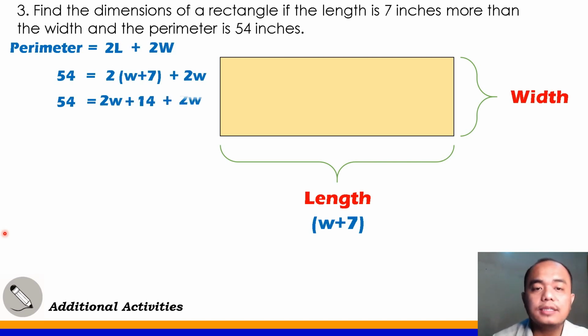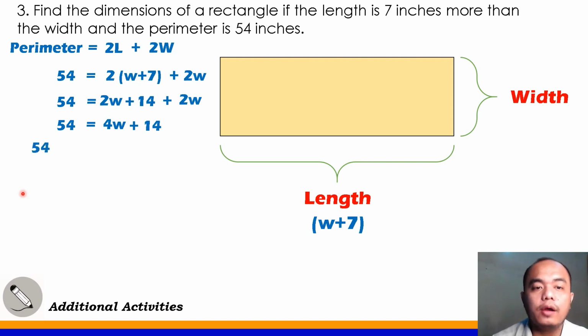Now, next, copy 2W. Now, we have now your solution here. So, we have 54 equals. So, ano nang i-combine natin dito? Yes, we can combine now W here and W here. So, 2W plus 2W will become how much? I-add natin yan. Very good. That's 4W. Copy 14. Okay, nakuha lang.